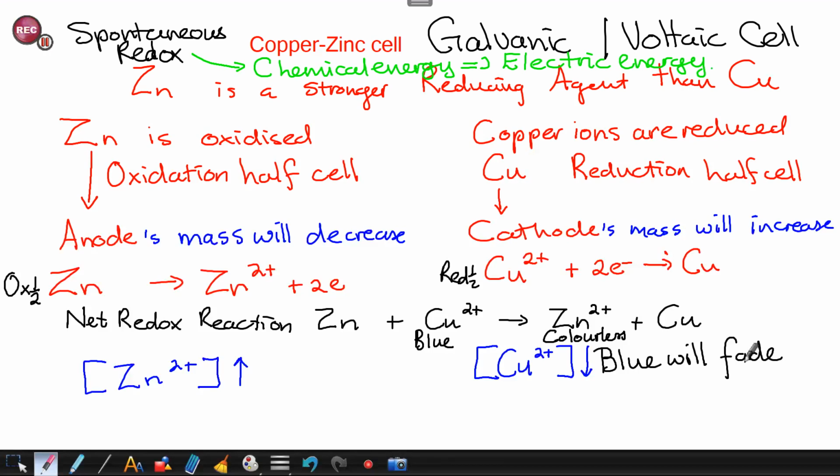And the chloride ions, because we're adding more zinc 2+ ions there, will migrate to the zinc half cell, trying to keep the charge balanced in the electrolytes.